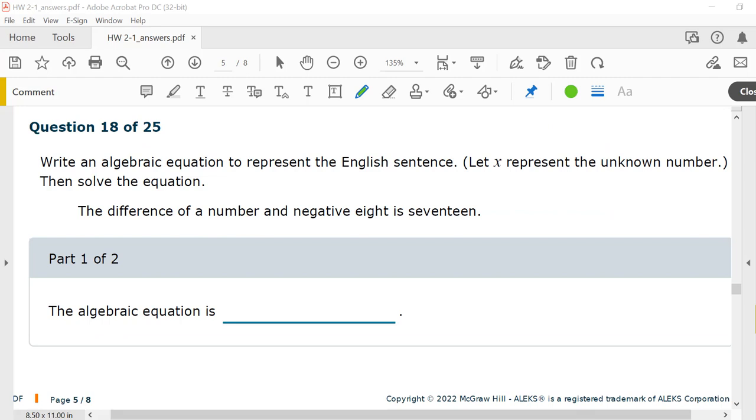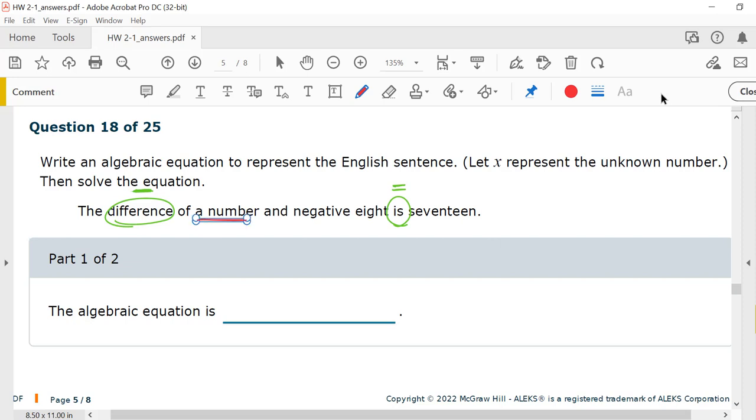Number 18 says to write the algebraic equation to represent the English sentence. Okay, reading through that English sentence. The difference of a number and -8 is 17. Okay, what does difference mean? Difference means you're going to subtract. And the other key word I see is. And remember that means equals. So what are we subtracting?